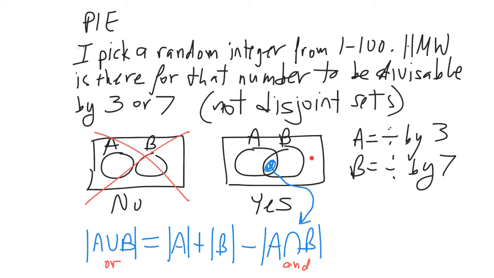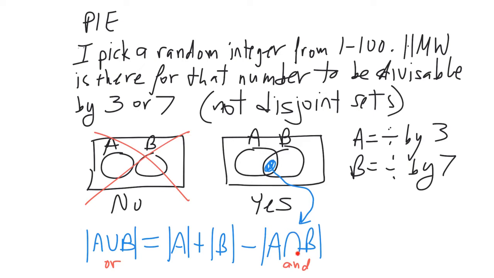It's anywhere in these 2 circles. We'll add how many are in circle A, and we'll add how many there are in circle B, but we will have double counted the part in the middle. We will count it both in A and B. So in order to not double count it, I need to subtract it once. So A plus B minus the part that's in A and B.